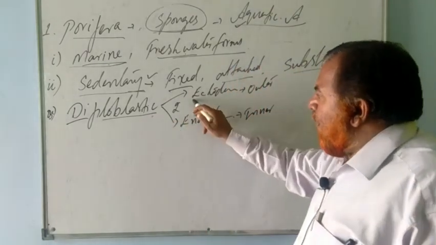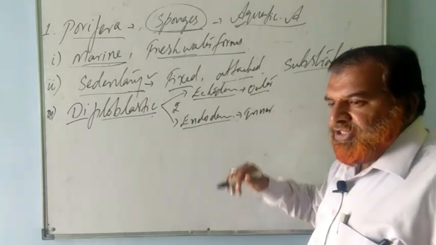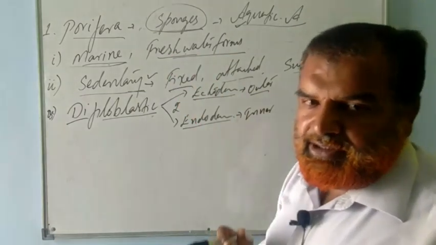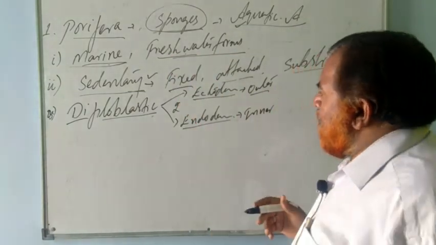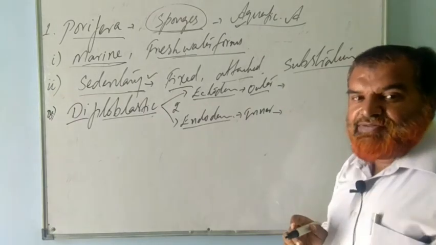In two layers, outer one is known as ectoderm, inner, endo refers to inner, ecto refers to outer, peri refers to outer. Clear? So, the layers consist of two types of cells.